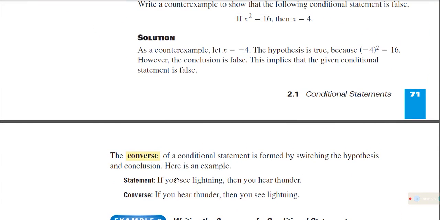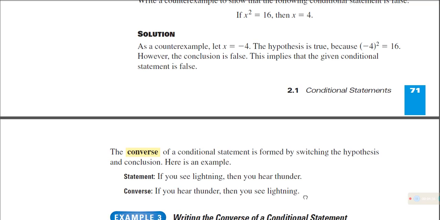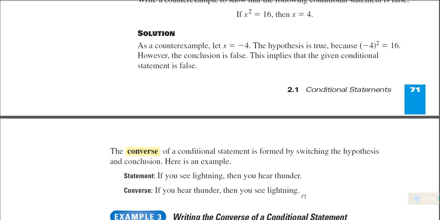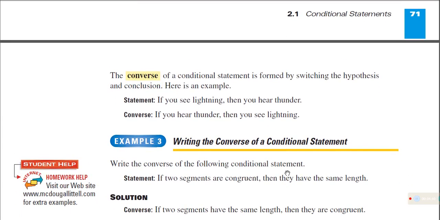Now, let's talk about the converse. So, the converse of a conditional statement is formed by switching the hypothesis and conclusion. So, if you see lightning, then you hear thunder. Baliktarin natin siya. If you hear thunder, then you see lightning. So, I hope it is clear. Again, nagre-review lang naman tayo.